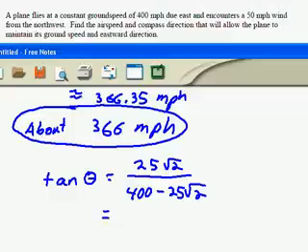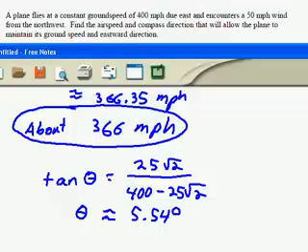And this will be a positive number, so that means theta is an angle in the first quadrant. You can see that based on the picture that we drew. So if you take the inverse tangent of both sides, you'll get that theta is approximately equal to 5.54 degrees.